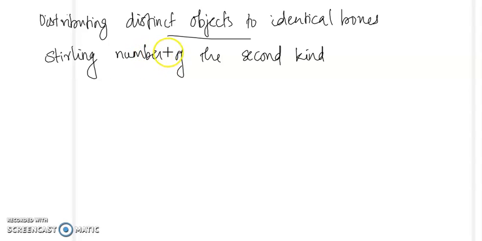So Stirling number of second kind is associated with distribution of distinct objects to identical boxes.